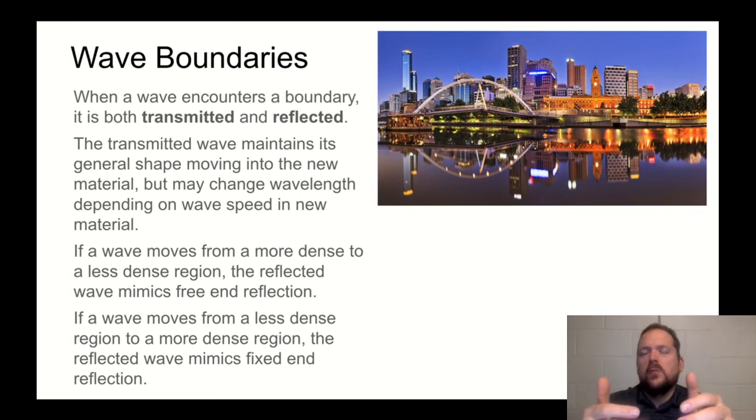Where we're going to see this moving forward is when we look at what happens when light as a wave encounters boundaries between layers of materials. And so these fixed end and free end models help us understand what we see in the behavior of light that is both transmitted into the new material and reflected back through the old material.